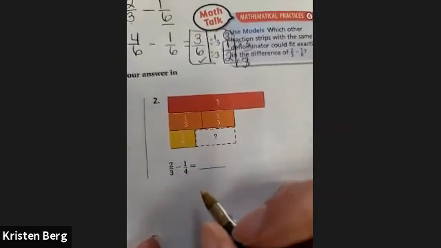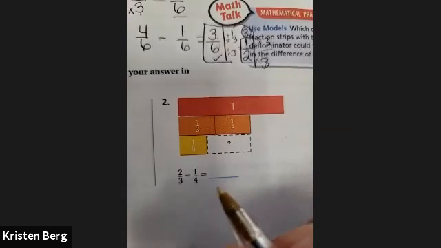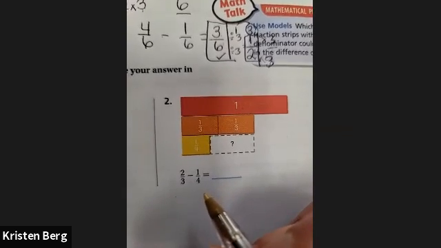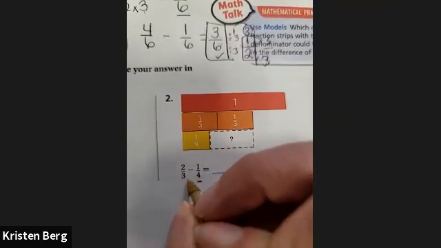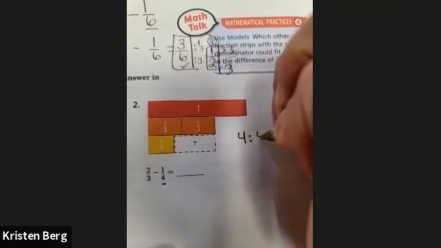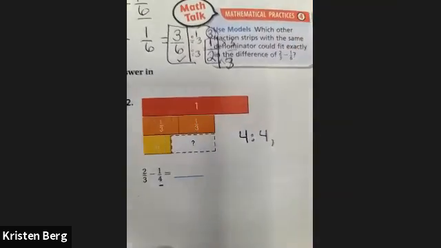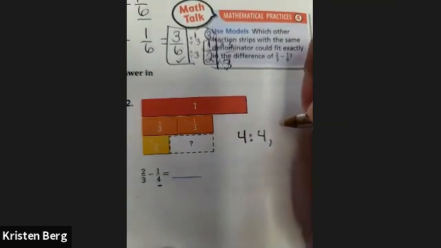Next, same thing. Can I subtract these fractions as they are? You should have said no because the denominators are not the same. So my larger one is a 4. Can I get a 3 to a 4? I cannot. So now I'm going to go by multiples of 4. 4 times 1 is 4, which we already said 3 cannot go into.